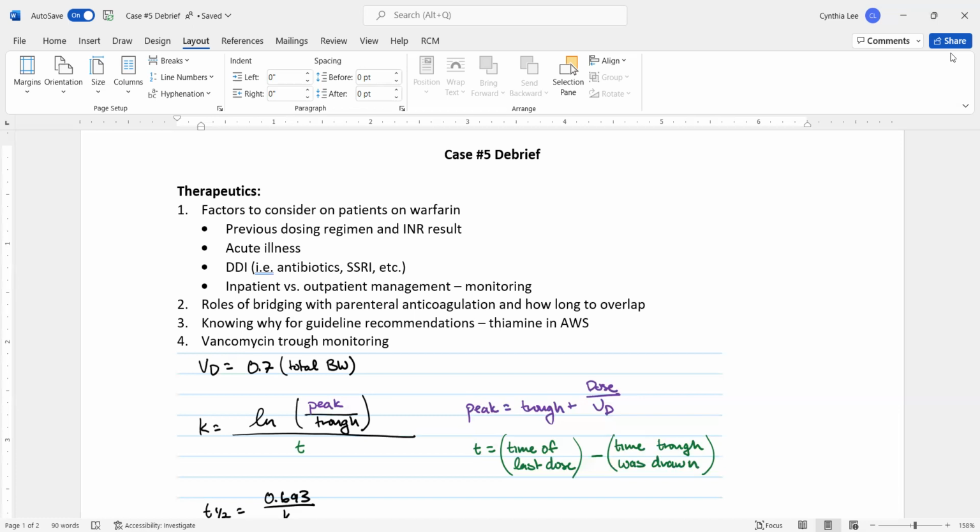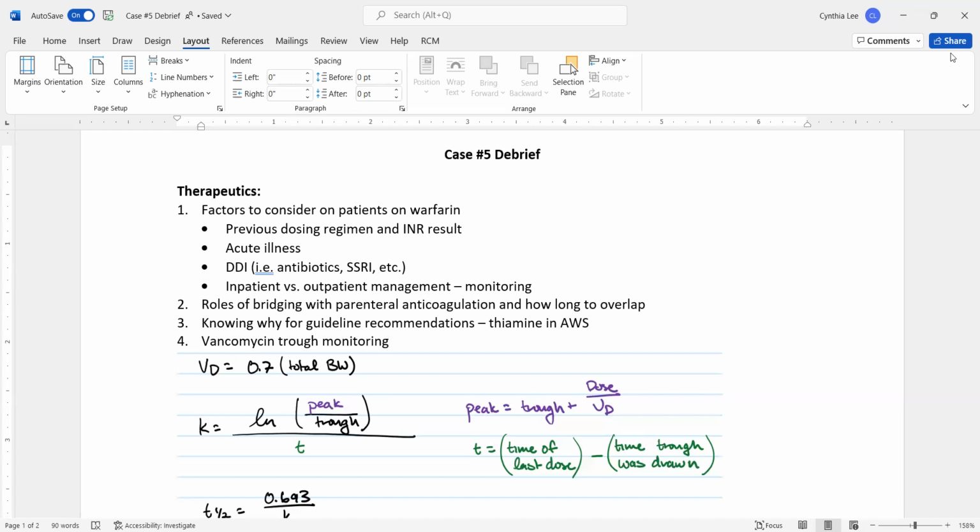Typically, if we change the dose of the warfarin or make any adjustment in their lifestyle that can interact with the warfarin, we would have them come in a week or sometimes even longer, if we don't have much concern that they're a high risk patient who might overshoot the INR to a critical value, too high or too low.